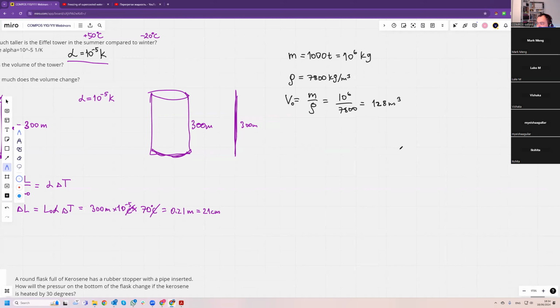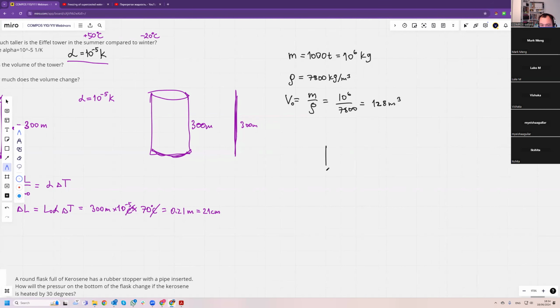That's a big room. If you imagine your physics classroom in school, it would probably be about 100 cubic meters, right?